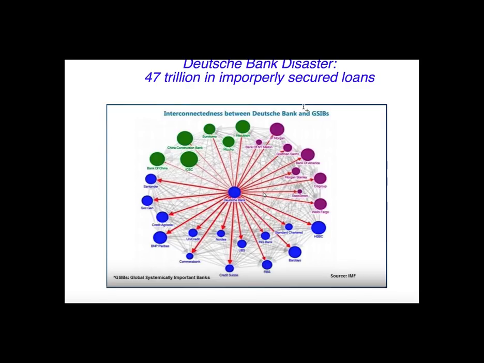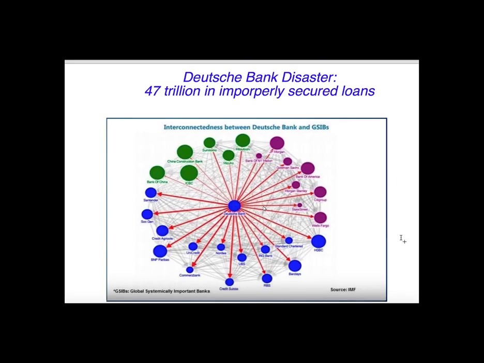But briefly touching upon this, Deutsche Bank is one of the largest financial institutions in the world, and its failure, which could be happening for a variety of reasons, will affect banks worldwide, including the banks here in the United States, such as Wells Fargo, Citigroup, Bank of America, Goldman Sachs, and so on.